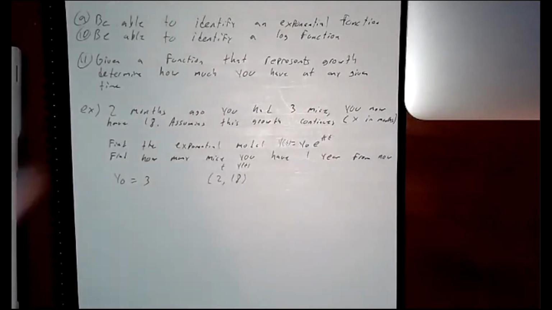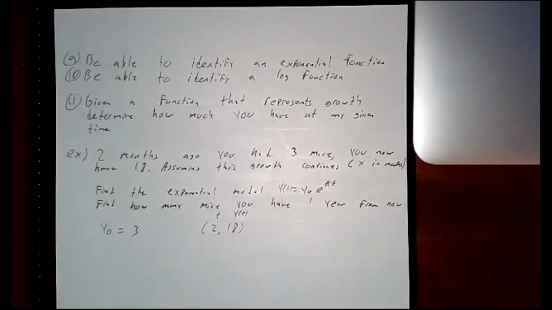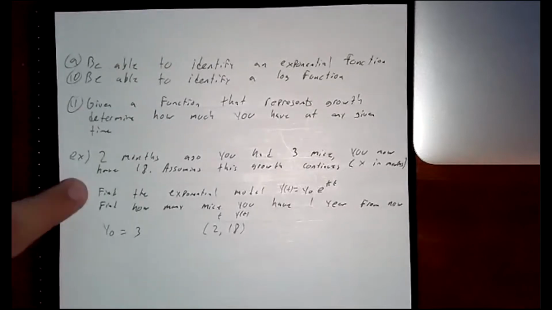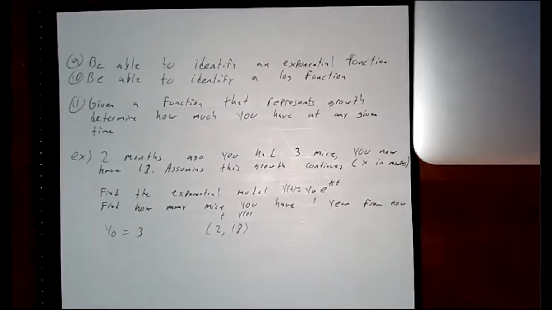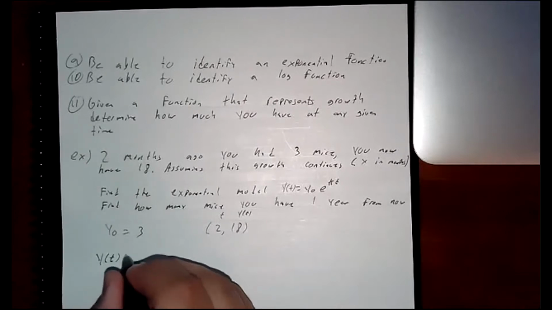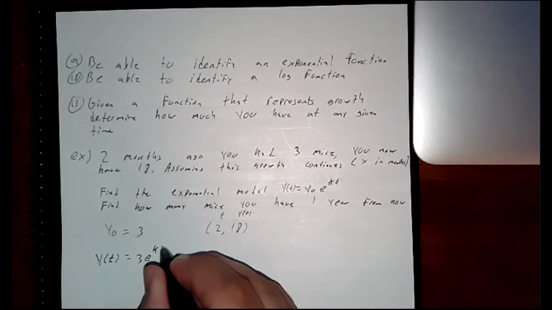So we need to find k because we already have y naught. And once you find k, you can plug in some number to answer the question you ask. So currently we have y of t equal to 3 e to the kt.